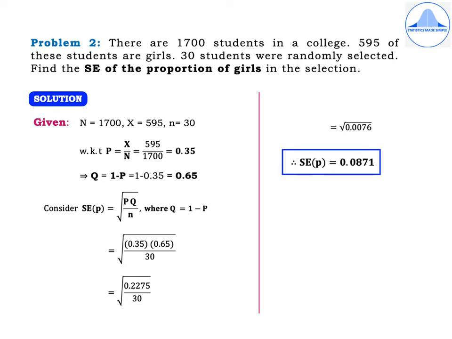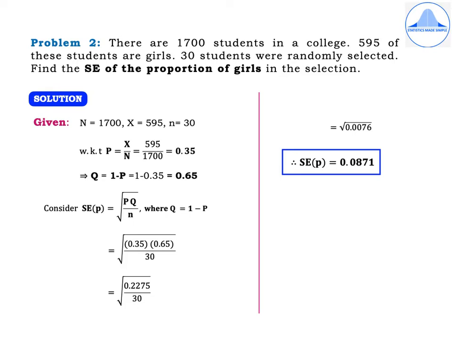Now we know that the population proportion capital P can be found using the formula capital X by capital N, which is 595 by 1700, which is equal to 0.35. So which implies Q is equal to 1 minus P, 1 minus 0.35, which is equal to 0.65.